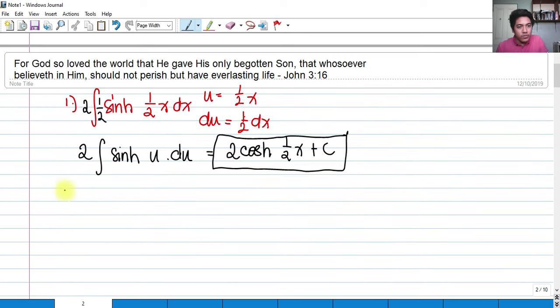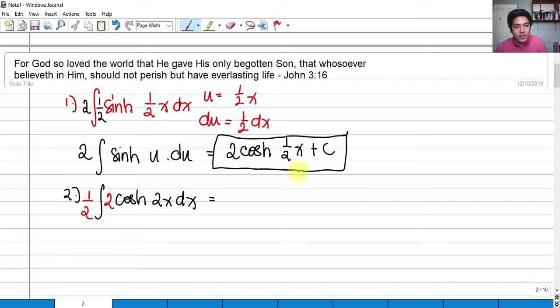So for number 2, we have a hyperbolic cosine of 2x dx. In this case, we will also be adding a correction factor of 2 inside of the integral, because if we let u be 2x, the derivative of 2x is 2 dx. So we have to have 2 dx here. And of course, if we multiply 2 inside of the integral, outside of the integral, we must multiply 1/2.